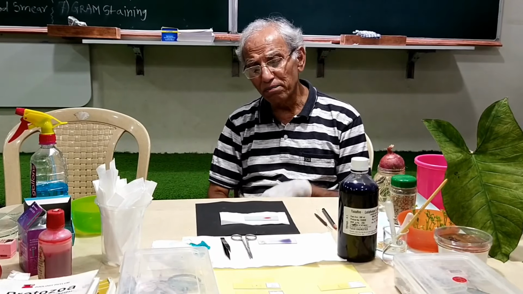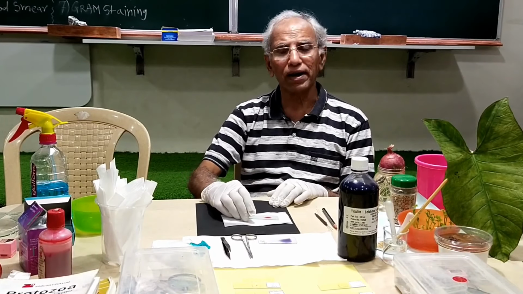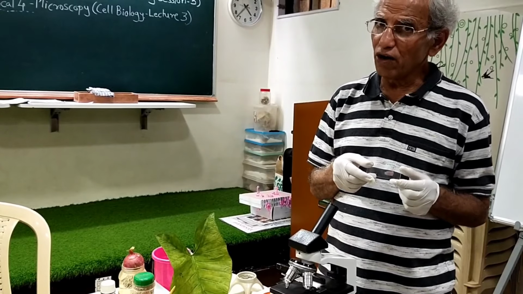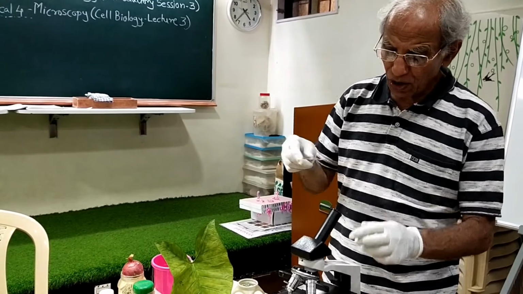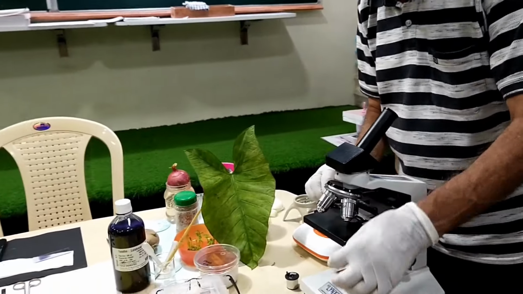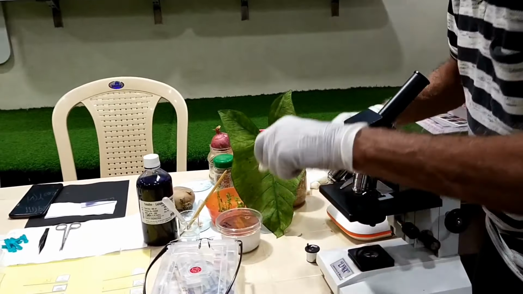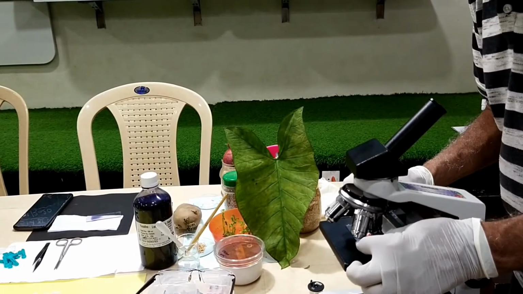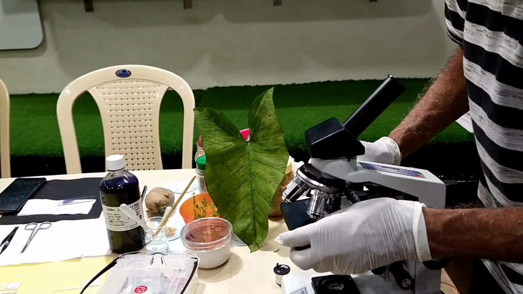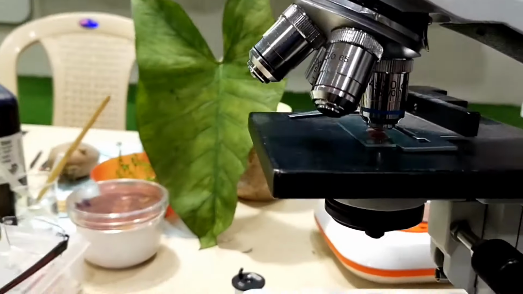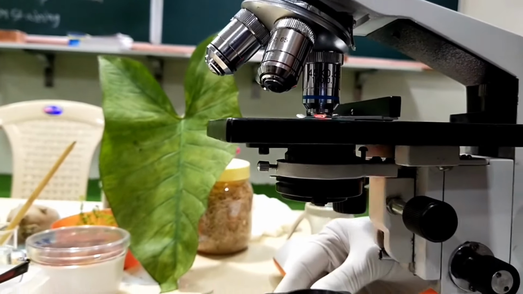Let's now go for making this slide adjusted under the microscope. So here is the slide ready now, and I'm just putting it onto the stage with the slide holder which is in place. I'm sorry for this. So I'm putting this here. I'm not having any cover slip done. That's it. And then the light adjustment.